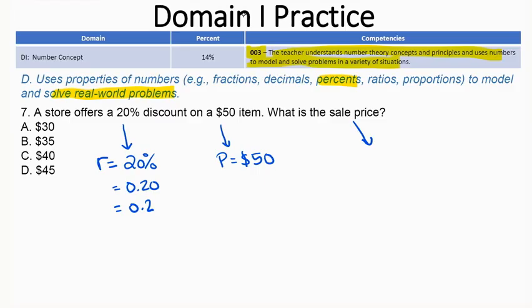Okay, so I'm going to multiply 0.2 times $50. I got, this is the discount, by the way. 50 times 2 is 10. So this is $10. So this is your discount.